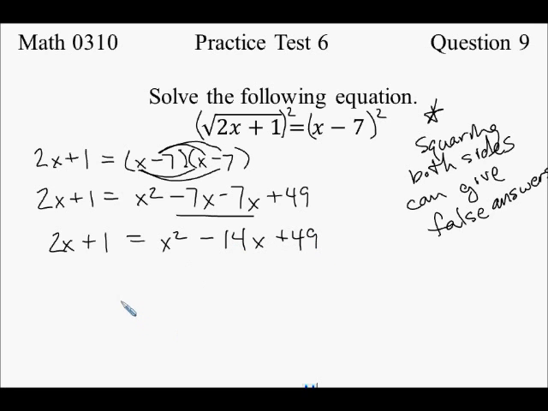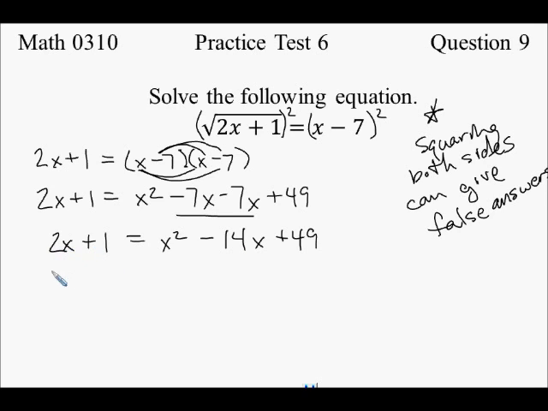Now this has become a quadratic equation because our highest power of x is 2. We have an x squared term there. So this has become a quadratic equation, a lot like the ones we would solve in chapter 6. What we want to do here to solve this quadratic equation is get everything on the same side first. So let's move our 2x plus 1.